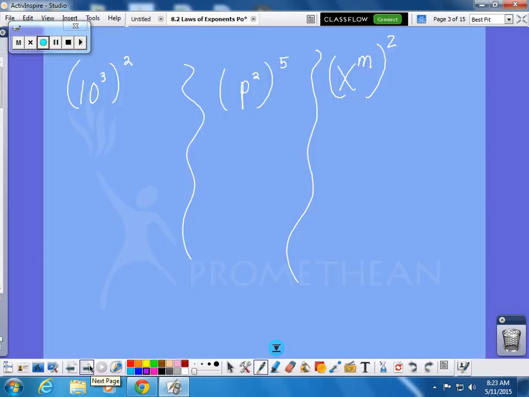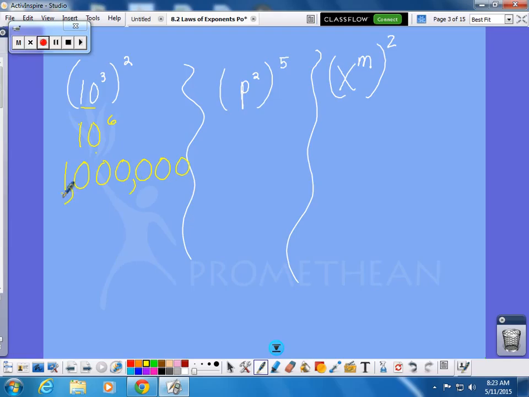All right, let's look at these 3. 10 to the 3rd squared would be 10 to the 6. Raising a power to a power, multiply. Remember, any power of 10, that exponent just tells you how many zeros we need. So this number would be 1,000,000.